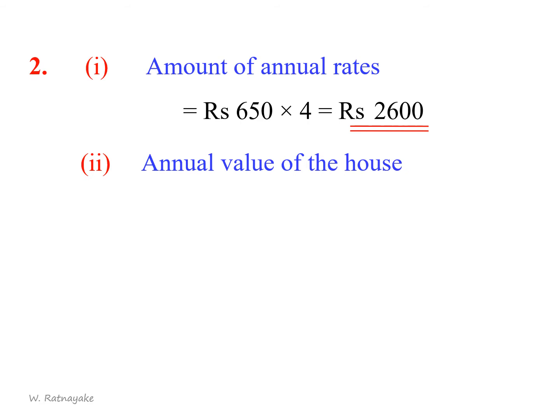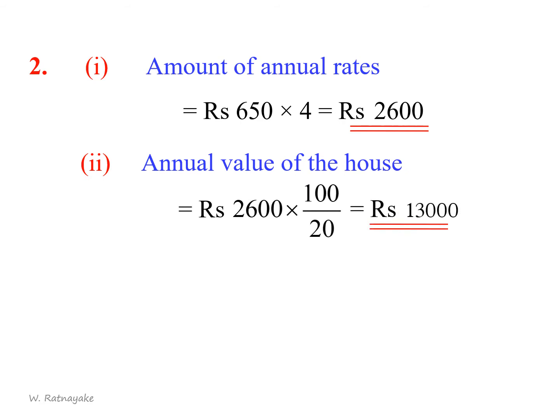So to find the annual value of the house, the annual value multiplied by 20 upon 100 is equal to 2,600. Therefore, we have to divide 2,600 by 20 upon 100, or multiply by the reciprocal of 20 upon 100, that is 100 upon 20.